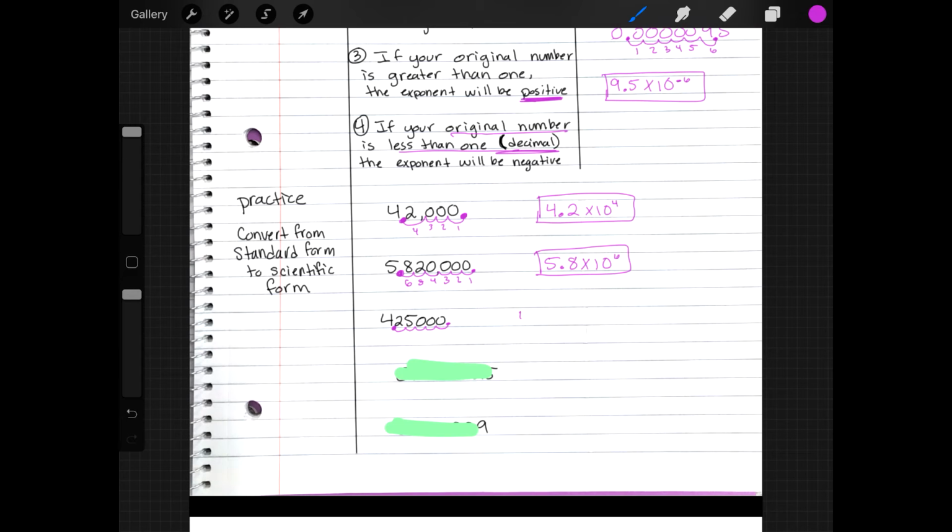So it's going to be 4.25 times 10, and let's see what power it is. 1, 2, 3, 4, 5 to the power of 5. 425,000 is greater than 1, so I know my exponent will be a positive 5.